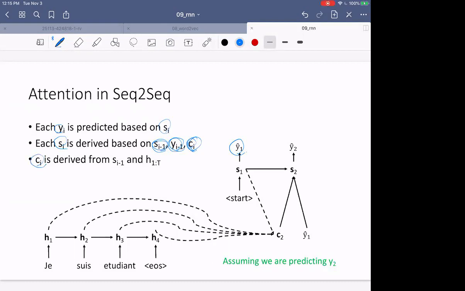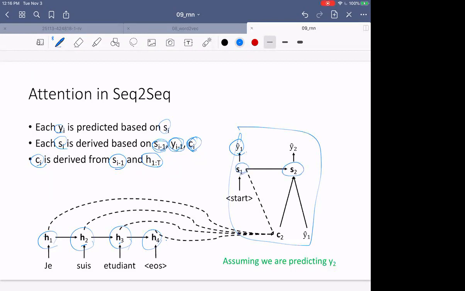Ci, how is it derived? Ci is derived from si minus 1 and h1 to T. In the previous sentiment classification, attention was derived only from H1, H2, H3, H4. You only used these to derive the attention, the context vector. But now you're using the attention mechanism on the decoder side, and the decoder has its own state, with the state being the S's.